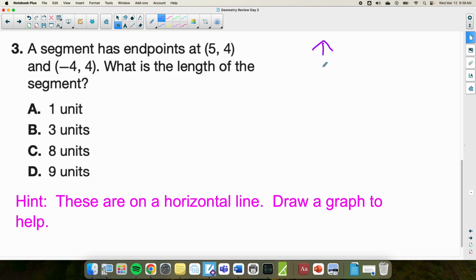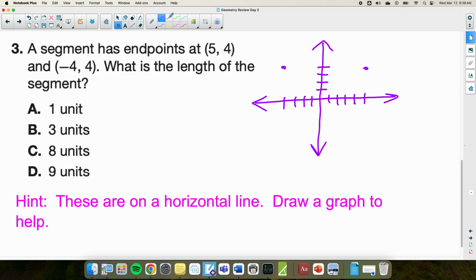When I go to graph this one, okay, the first point is over 5, up 4. The second point is at -4, up 4. So do you guys notice that these are on a straight line?